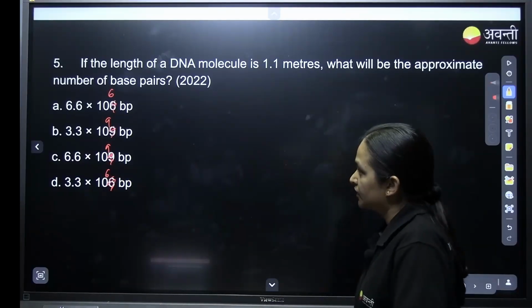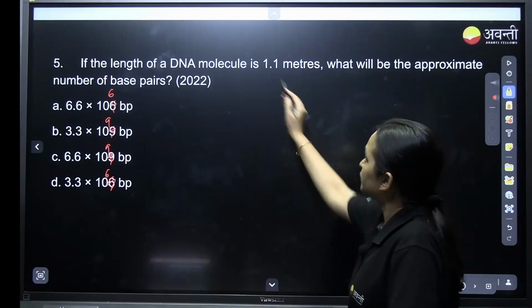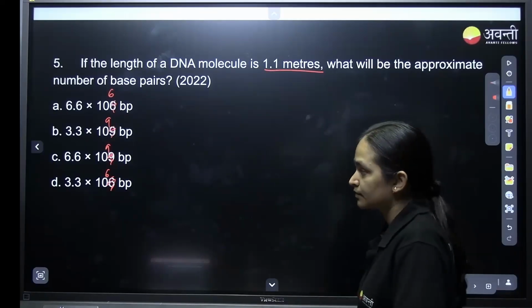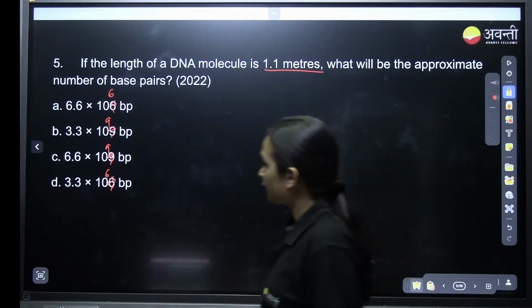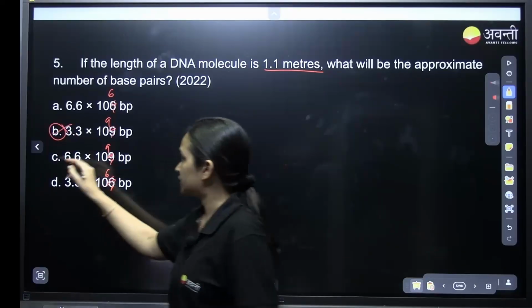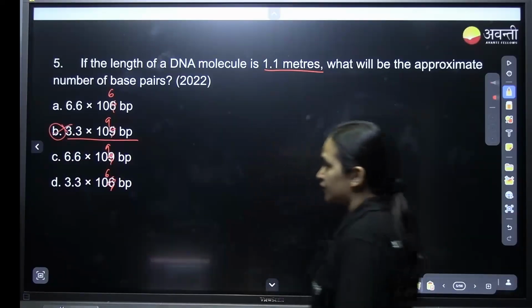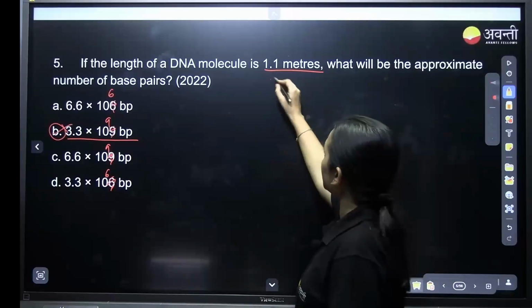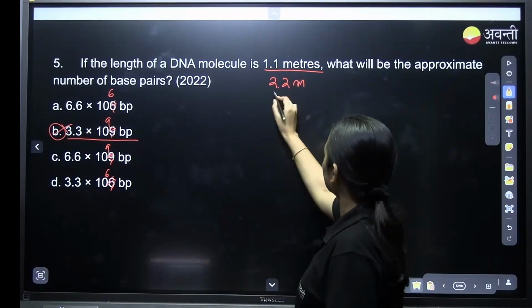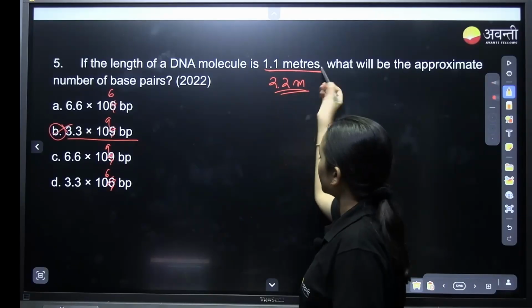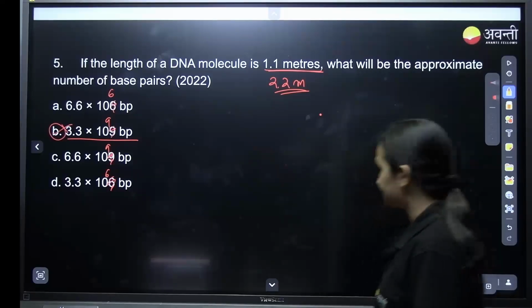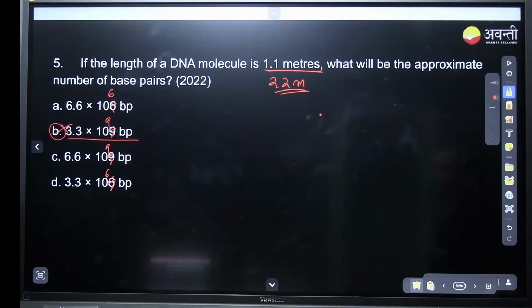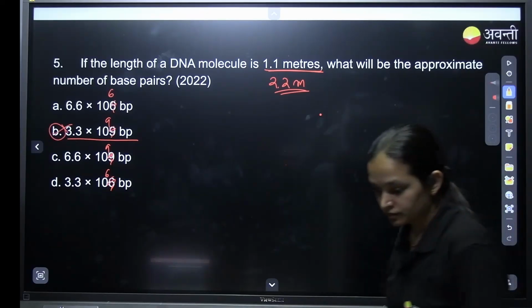If it is 1.1 meters, it is 3.3 into 10 to the power 9 base pairs. Yes, this is the haploid content of DNA, isn't it? The DNA molecule is around 2.2 meters normally in a diploid cell, but if it is 1.1 meters, it is 3.3, that is half of it, the haploid content.